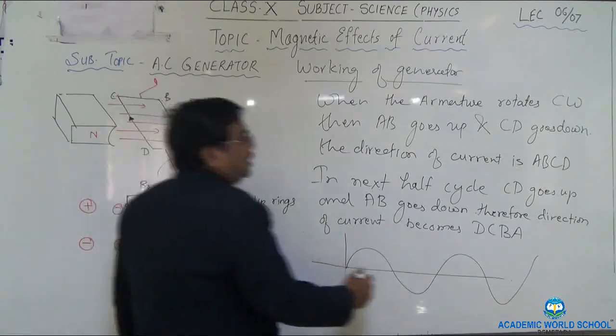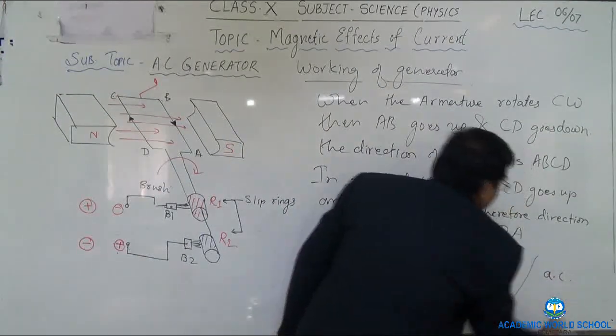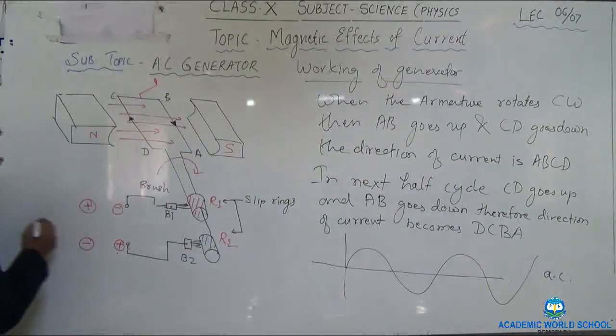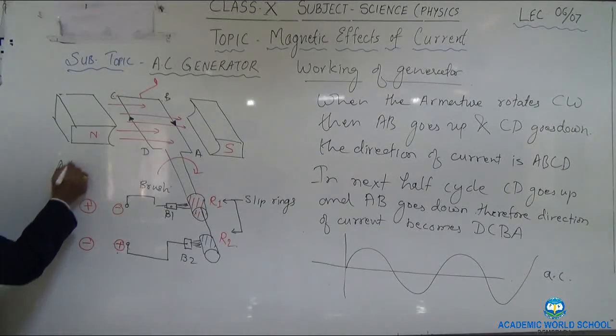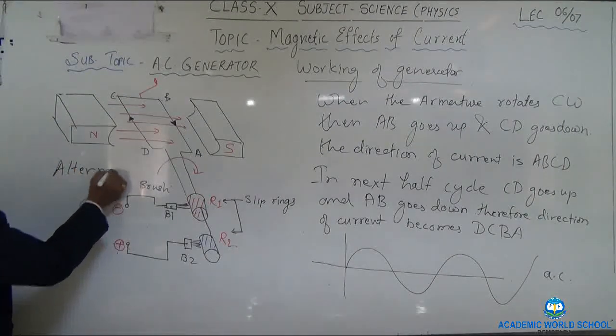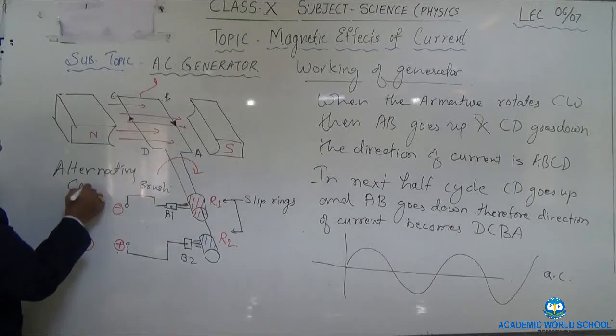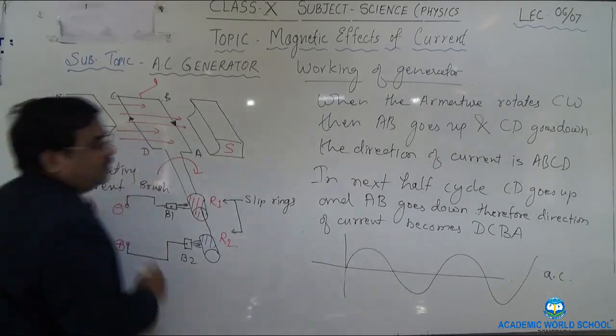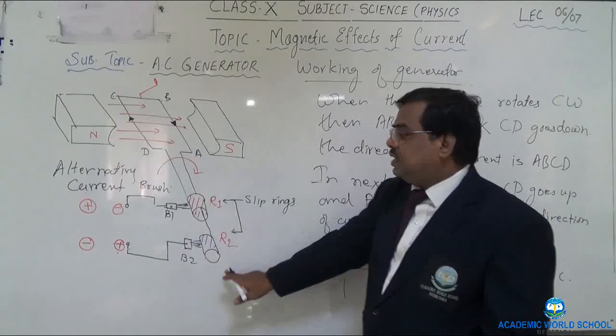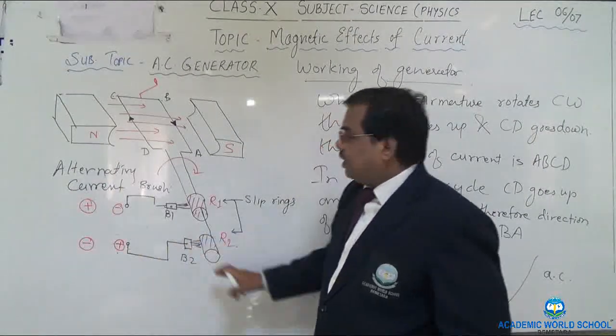This is AC current. Here you will get alternating current. The type of current which you will get here is alternating current.